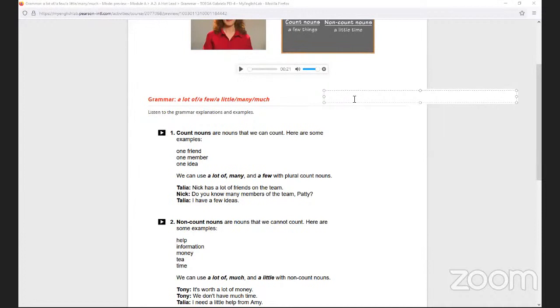For example, when we talk about countable nouns, we're talking about things that we can physically count, right? For example, I can count friends, people, animals, tables. So we're going to have some expressions to use when we talk about the amount of things or people or some noun.